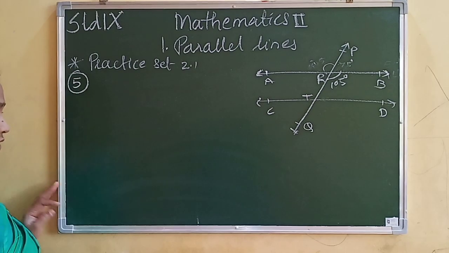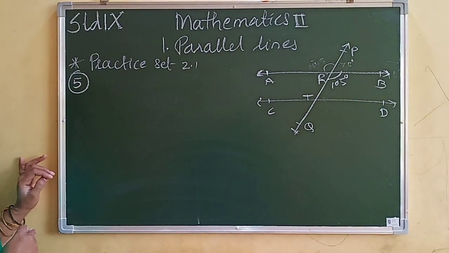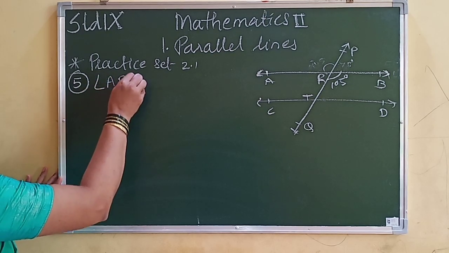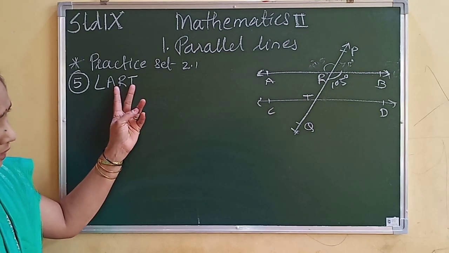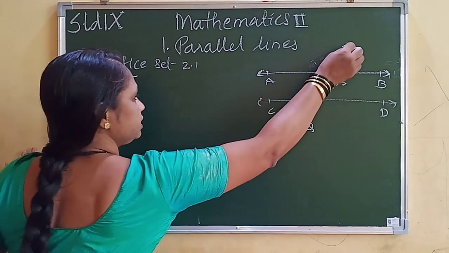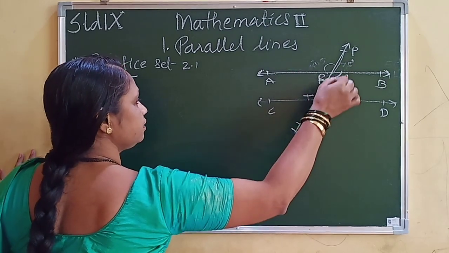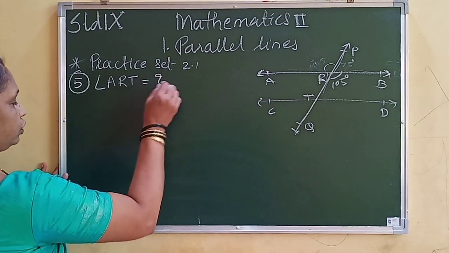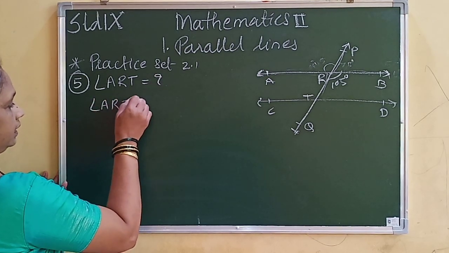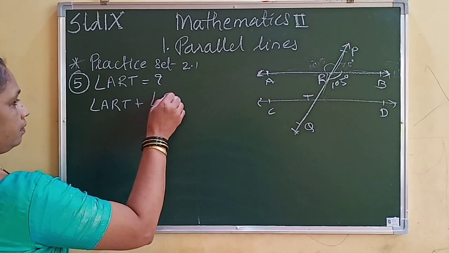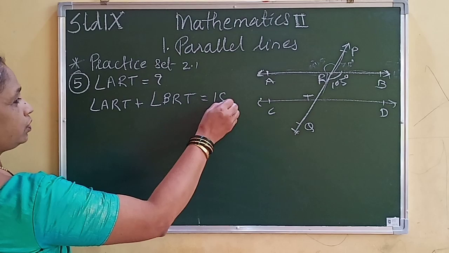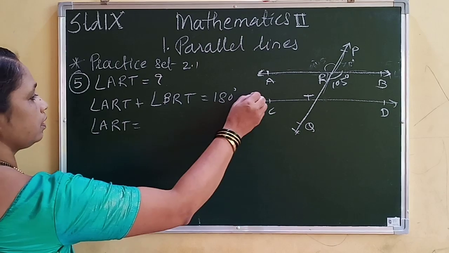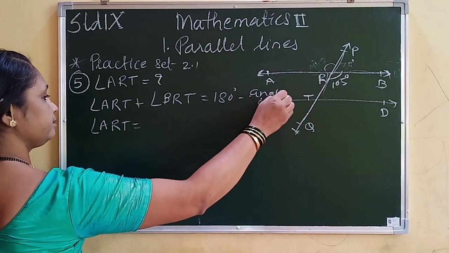First one is angle ART. This is also a linear pair. So we take angle ART equal to question mark. Angle ART plus angle BRT is equal to 180 degrees, as angles in a linear pair.